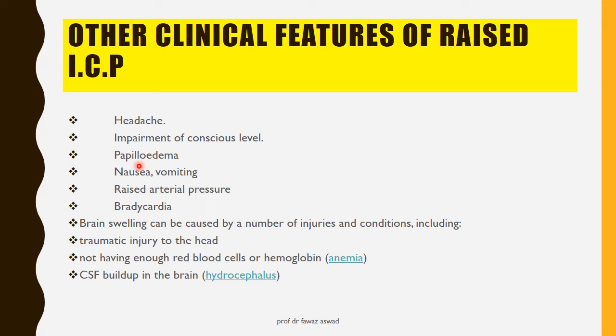Brain swelling can be caused by a number of injuries: traumatic injury to the head, not having enough red blood cells or hemoglobin, that is to say anemia, or sometimes an accumulation of cerebrospinal fluid occurs, what we call hydrocephalus. So what is the meaning of hydrocephalus? Hydrocephalus is a condition in which an accumulation of cerebrospinal fluid occurs within the brain.